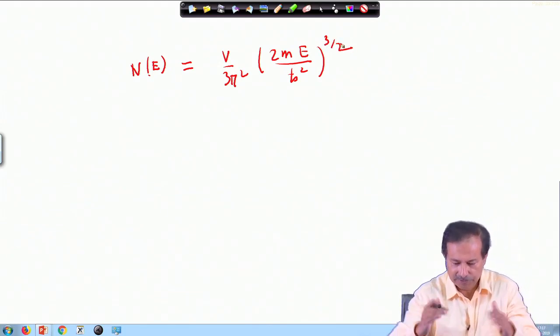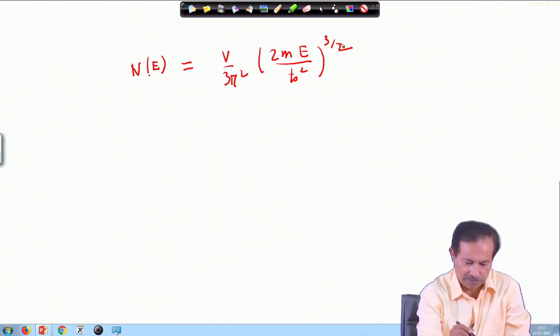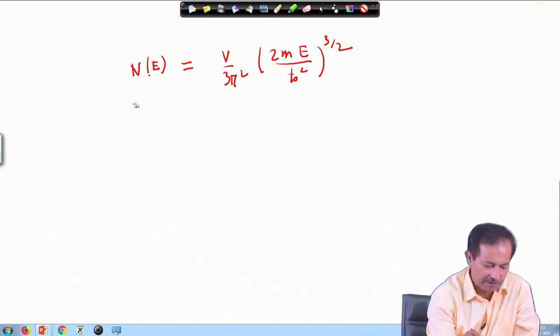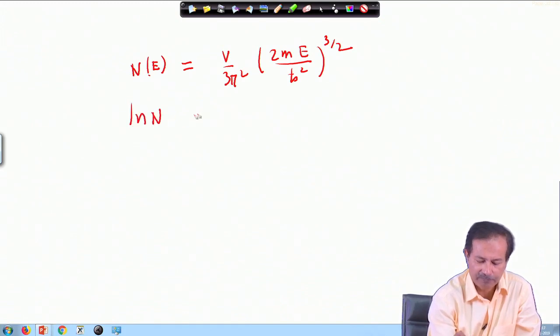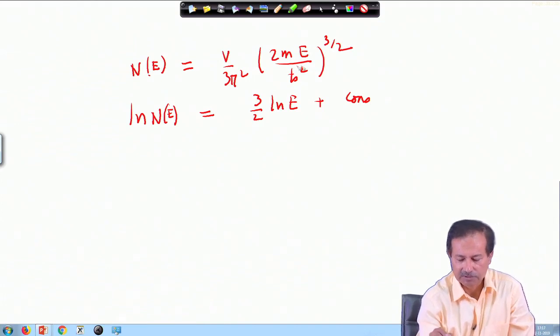So, you are counting the number of electrons up to an energy E. Then you can take log on both sides: log of N(E) equals 3 by 2 log of E plus a constant. These are all constant terms: h-bar squared, m, V, 3 pi squared.